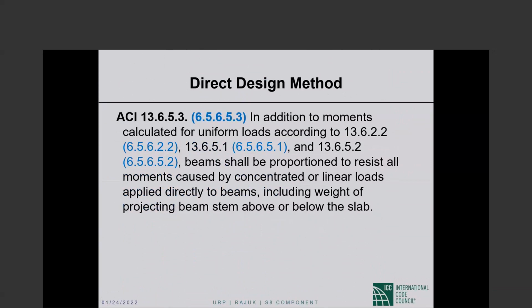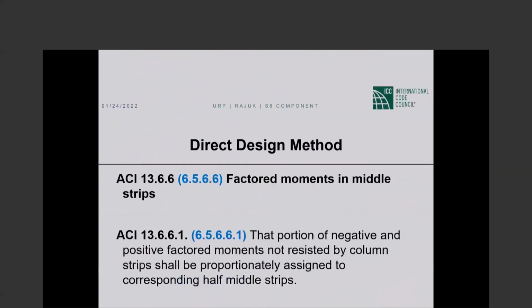In addition to the uniformly distributed loads we are dealing with, beams shall be proportioned to resist all moments caused by concentrated or linear loads applied directly to beams, including the weight of the projecting beam stem above and below the slab.